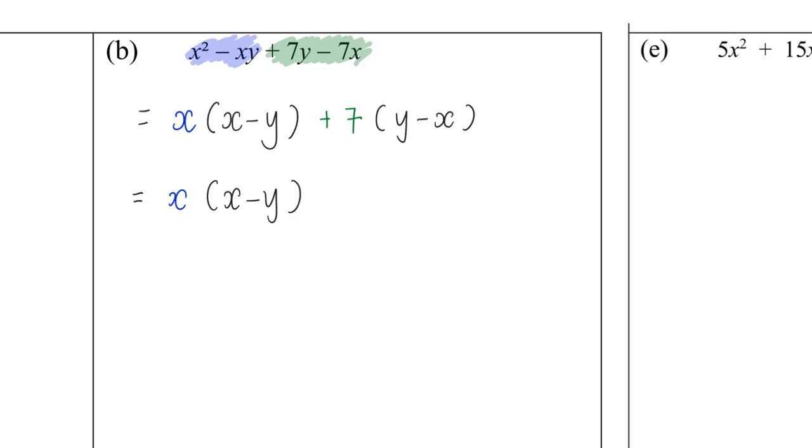Instead of writing positive 7 times y minus x, the equivalent form of this would be negative 7, still got the 7, times x minus y. So I have to repeat, positive y minus x and negative x minus y.